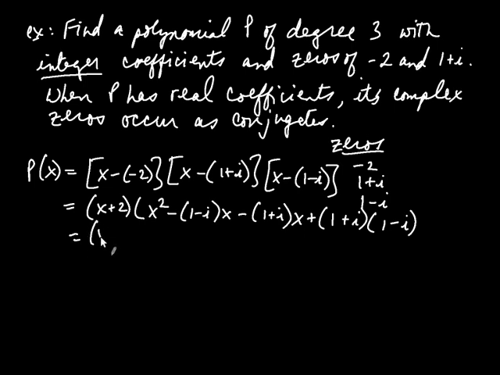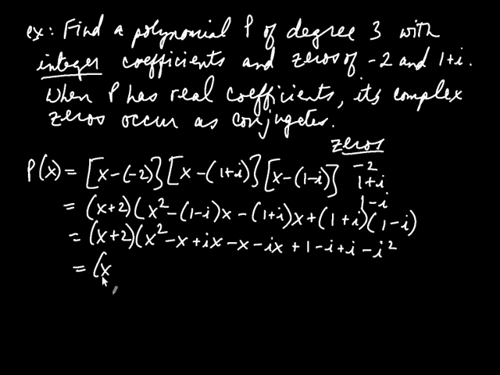So this ends up being x plus 2 times x squared. Let's go ahead and distribute the negative across this. So it's going to be negative x, and then plus ix, and then minus x, minus ix, because the negative x times 1 and negative x times positive i. And then finally, when you multiply these together, it's going to be plus 1 minus i plus i, and then minus i squared.